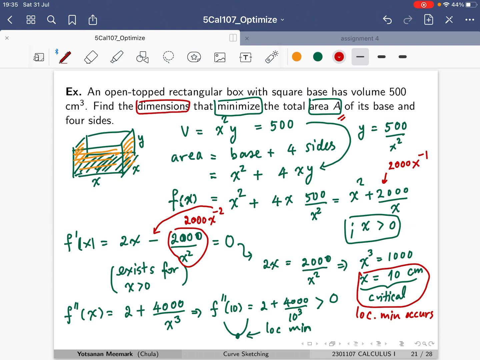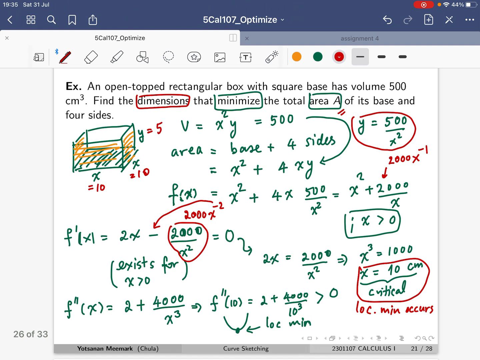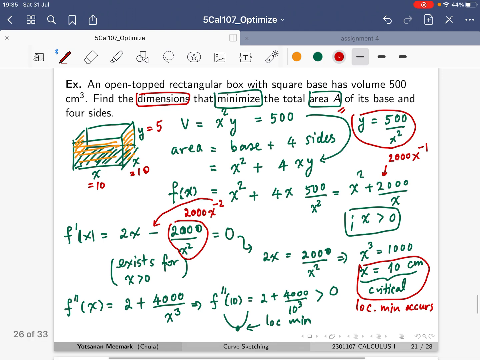By dimension it means that you just need to find your x, which is 10 and 10, and your y, which is 500 over x squared. So 500 over 10 squared, your y becomes 5. So you got the dimension that you need to make the volume 500 cubic centimeter but minimize the total area of the box.